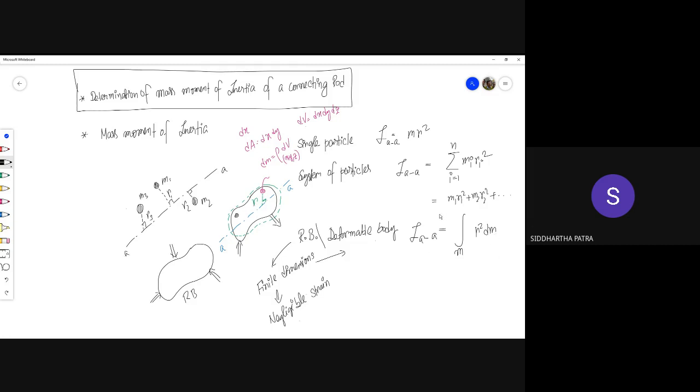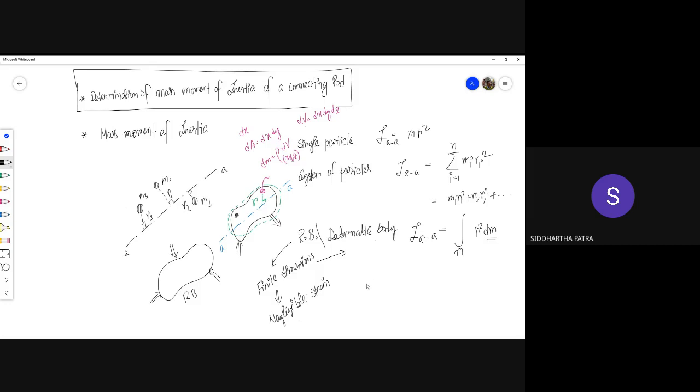And the reason I'm using an integration instead of a summation is that this differential mass element is infinitesimally small, so you are supposed to do an infinite number of such summations. That's why it is represented with an integration. So there you have the definition of the mass moment of inertia.